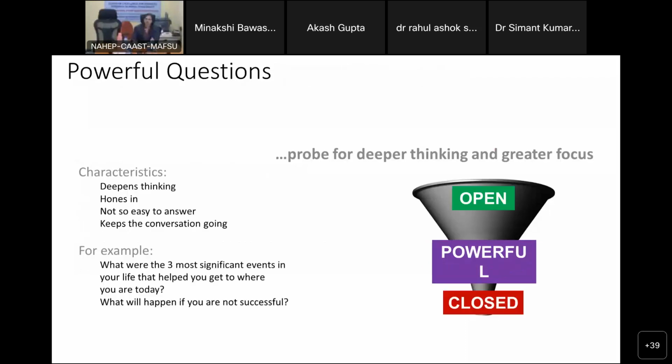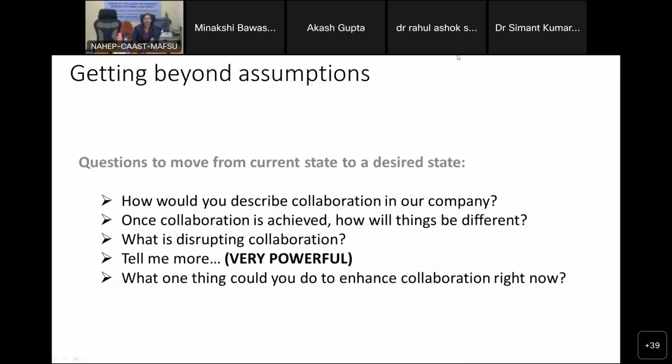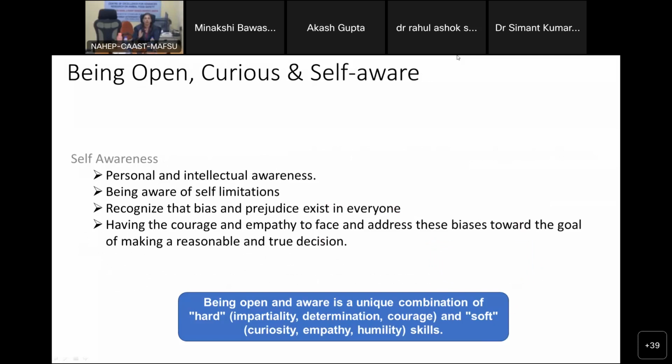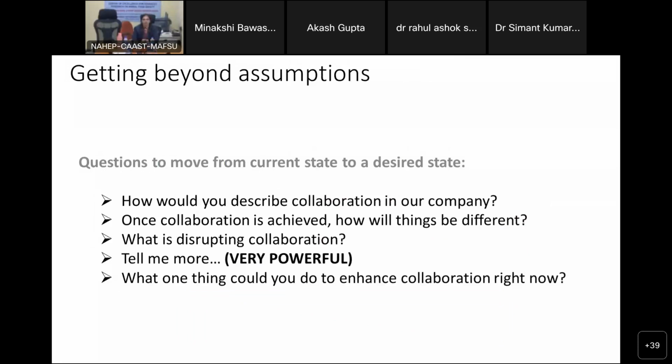So this one, okay. I'm going back, or then going beyond assumptions. Okay, what do you mean by going beyond assumptions? Going beyond assumptions means asking the questions which will help you to move from the current state to the desired state.